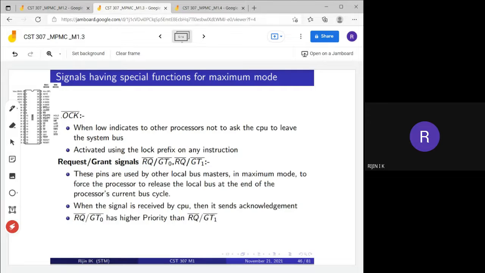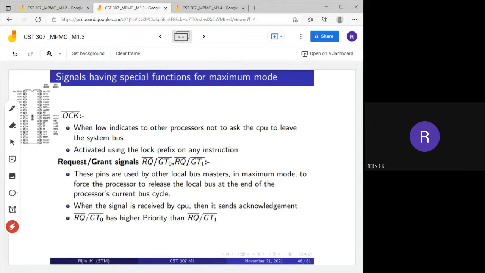As we already studied, maximum mode is a multiprocessor mode or a co-processing mode. That means there may be more than one processor in maximum mode.